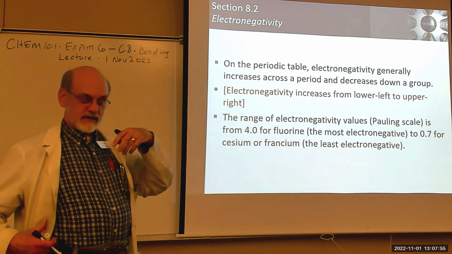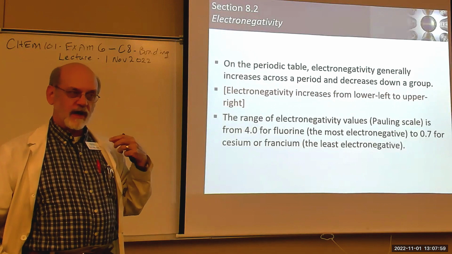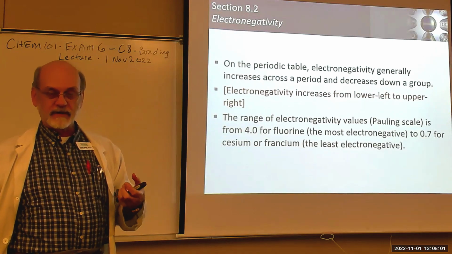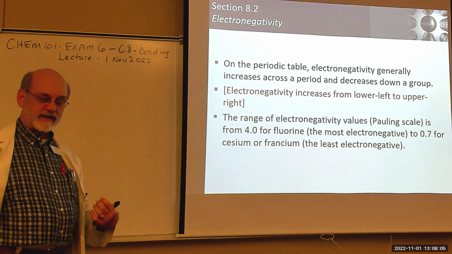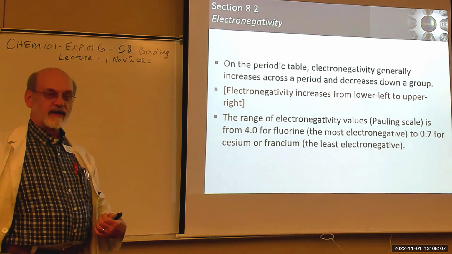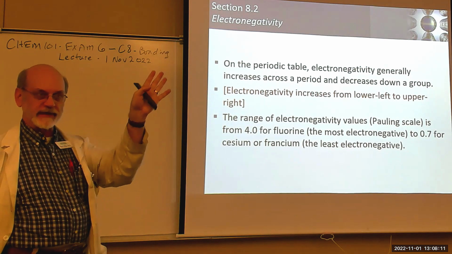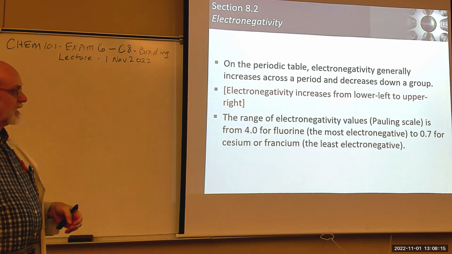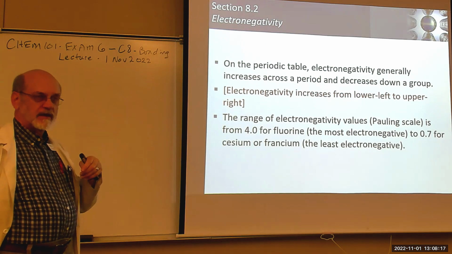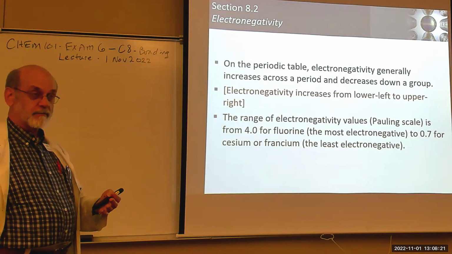And that is consistent with our investigation in the last chapter of electron affinity. Right? A stronger attraction for electrons means a more negative value for electron affinity. And the most negative value is in the upper right-hand corner, fluorine. So lower left to upper right, we have a stronger electron affinity, a more negative value.